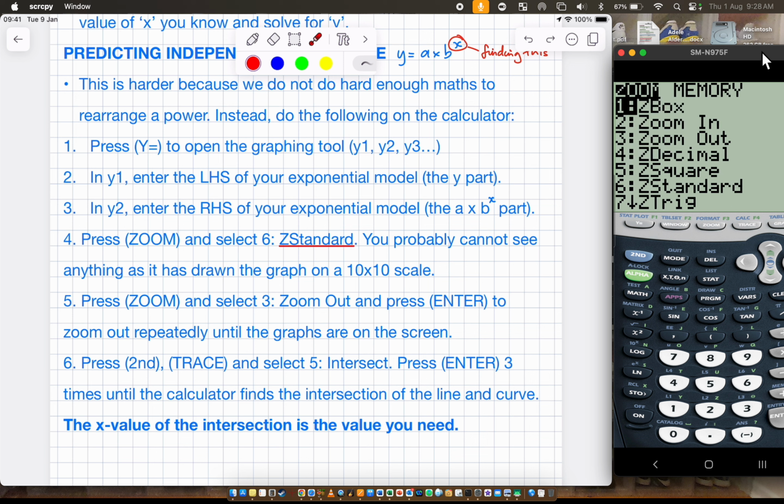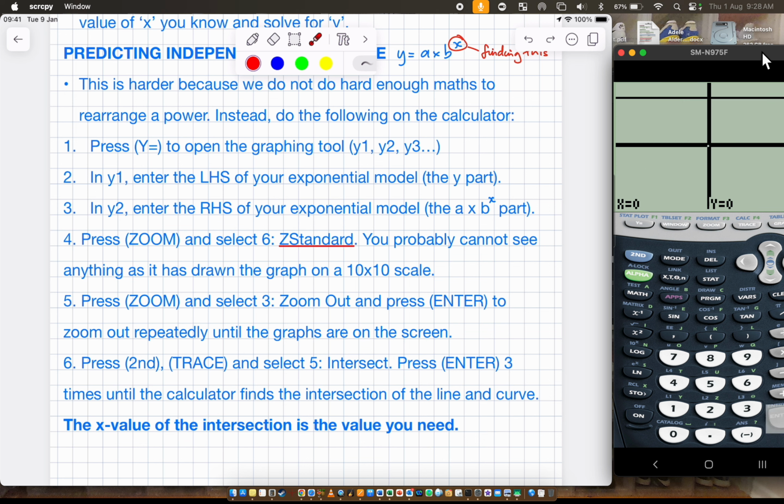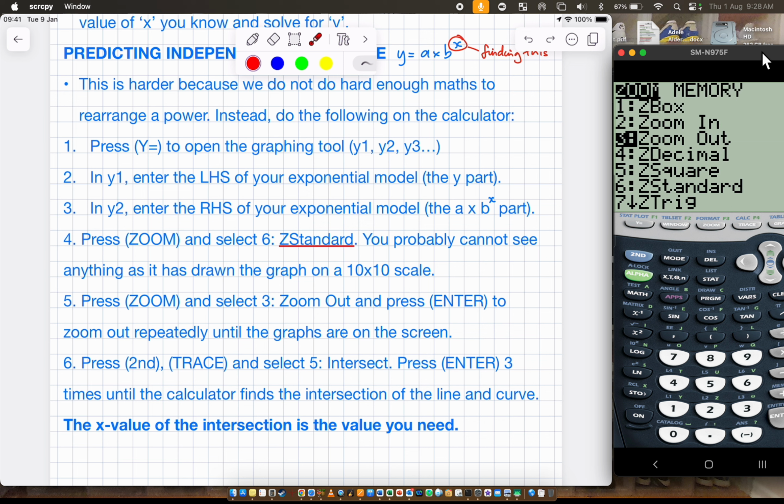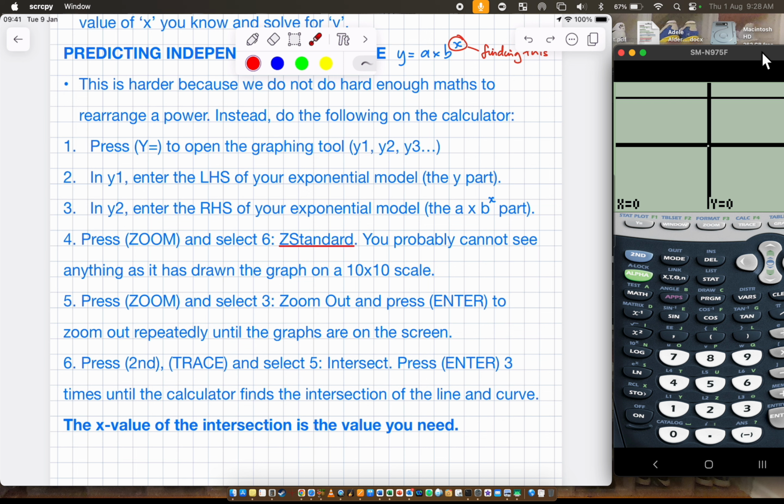I'll zoom in again. Can you see a little bit of the curve there? There's pixels of it. You are zooming out enough that you know for sure they are crossing somewhere on the screen right now. You've zoomed out so much that they're definitely crossing there. You just can't see it because the pixels are so bad. Okay?